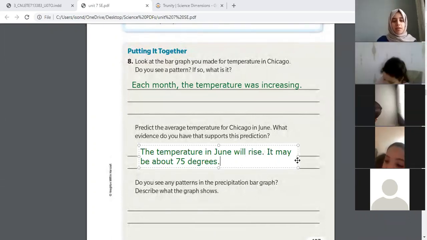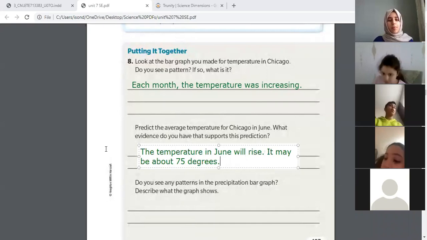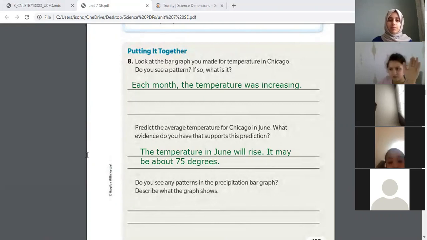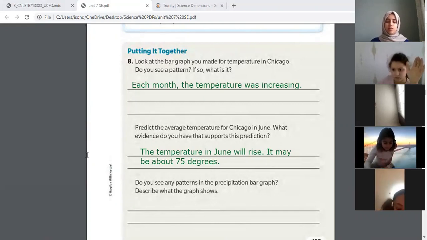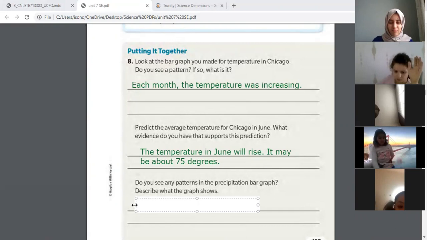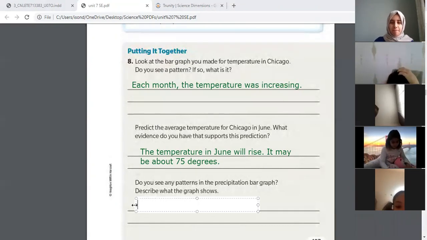Izzat, the second question, they're asking us if we see any patterns in the precipitation bar graph. Did you notice any patterns there? Bisan, when you drew the bar graph for precipitation, did you notice any patterns? Yes. What did you notice? I noticed that in March we have some.